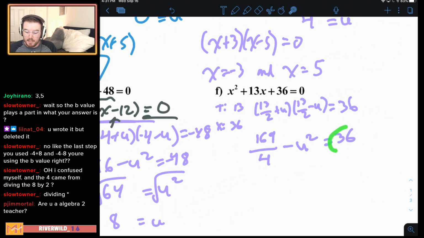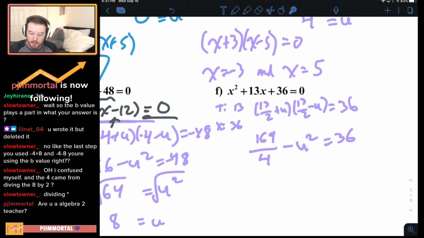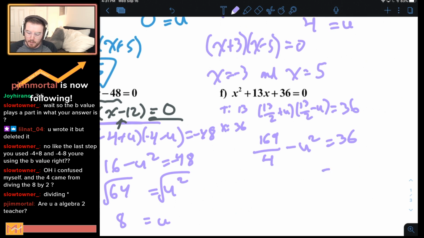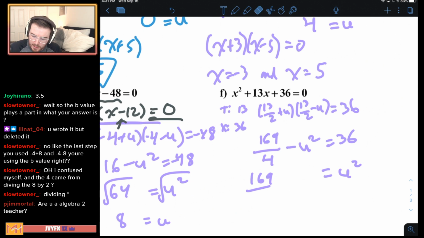This is a positive 36, so I'm going to subtract it to the other side.